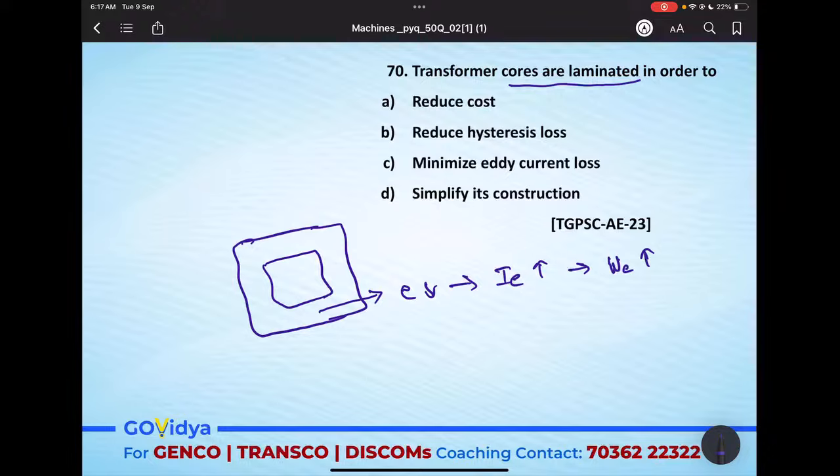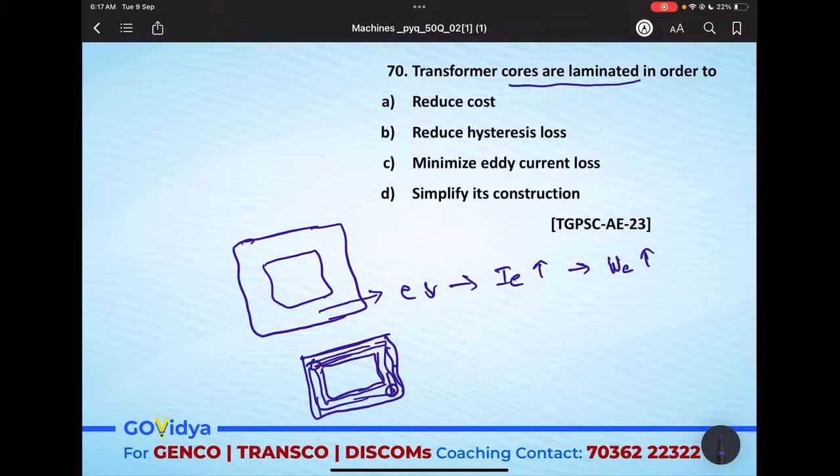So to reduce these losses, what are we going to do? We are going to laminate. That means this core is cut into small thin pieces and made laminated.